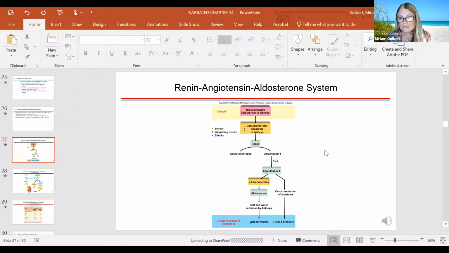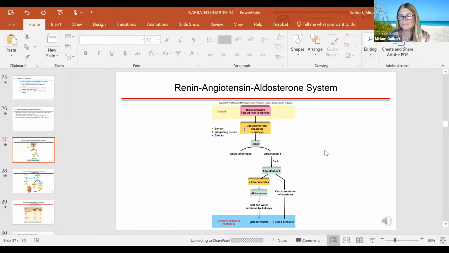Well, they can also detect low blood volume or low blood pressure because we are filtering all our blood about 45 times a day. So the total amount of our blood, which is 5 liters, goes through the kidneys about 45 times a day. So that's impressive. So the kidneys have this ability of detecting if there's not enough blood flow.